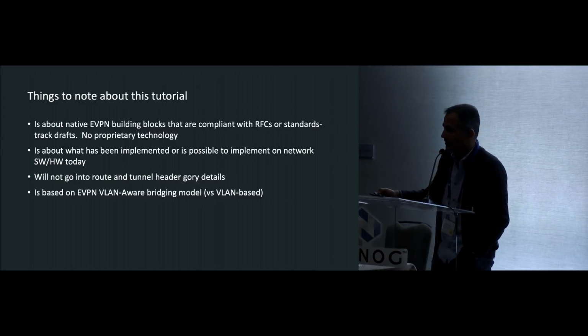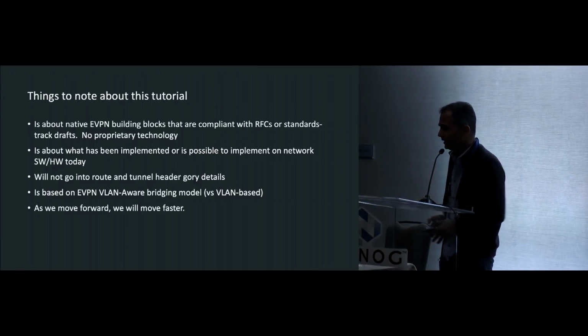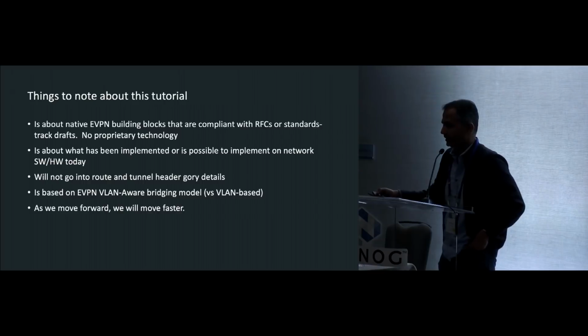The VLAN-based model with EVPN you could consider a subset of the VLAN-aware model. It's a VLAN-aware model with one VLAN and a few very minor procedural differences. And as we move forward, we'll probably be moving at a really fast clip, so hopefully I'll keep you engaged.